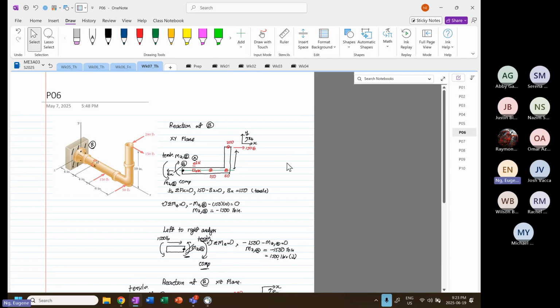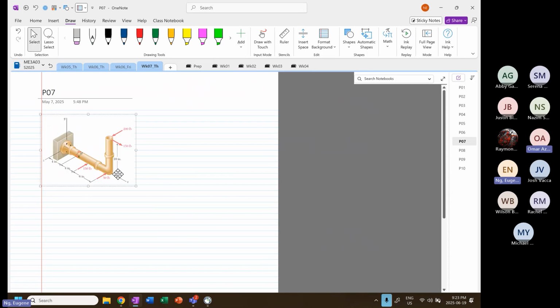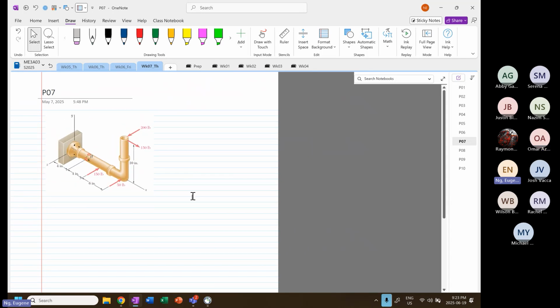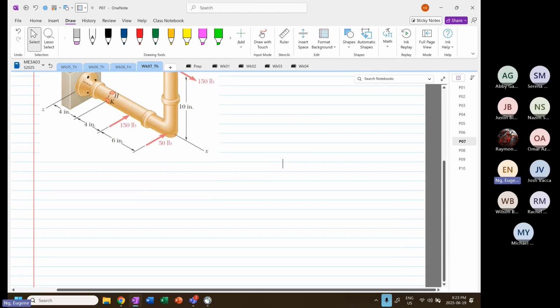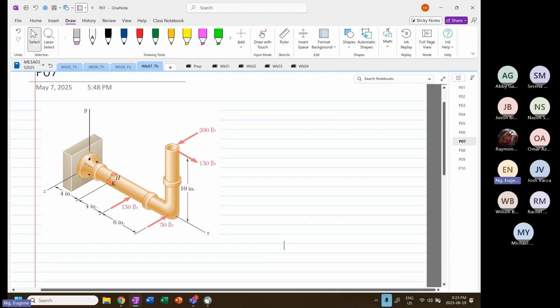Rather than me going into another problem, let's complete this problem. I realize that I don't want you all to just remember based on 2P, I'd rather do it.